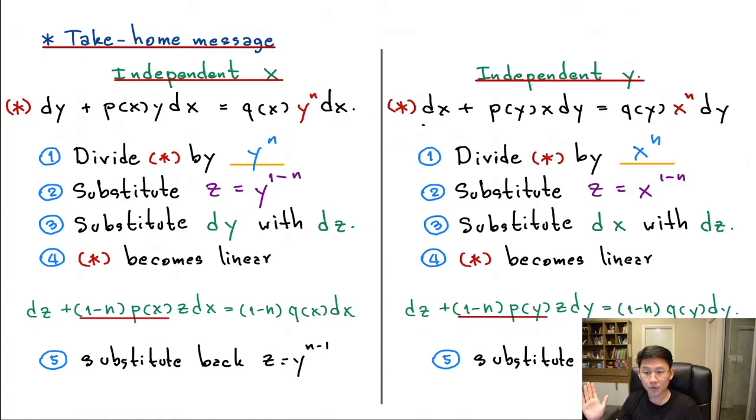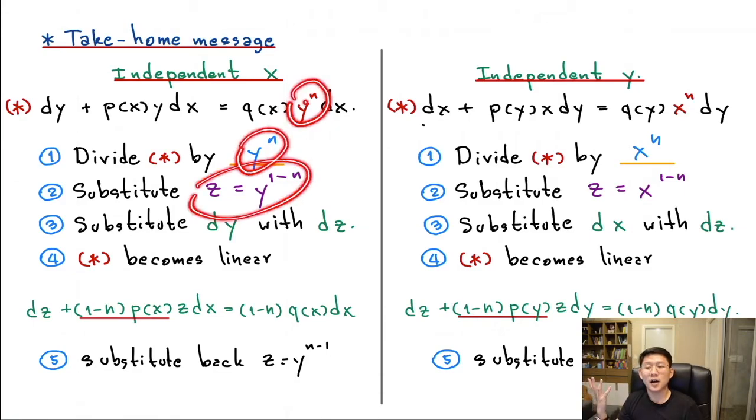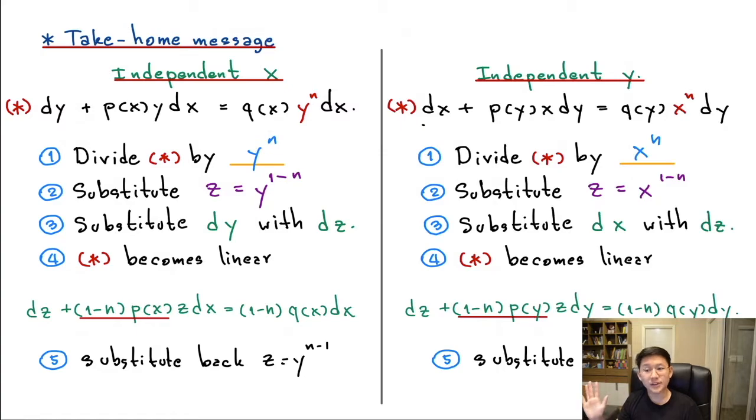I go quite fast in this video because it's 75% similar to the previous one. The trick is just to divide the whole thing by y to the n, and then substitute y to the 1 minus n with z, and that's it. The rest is the same.